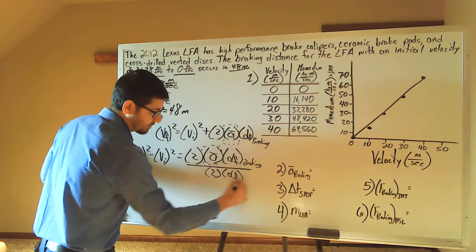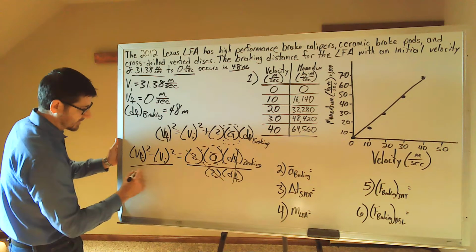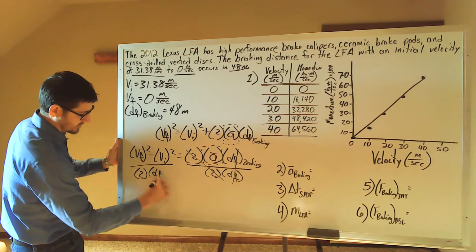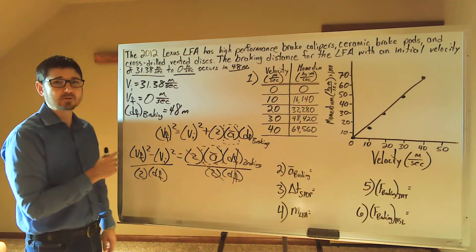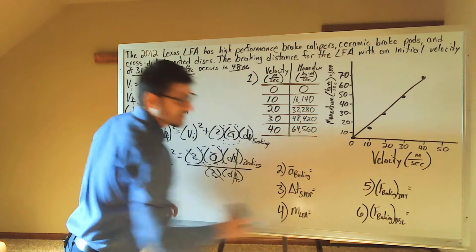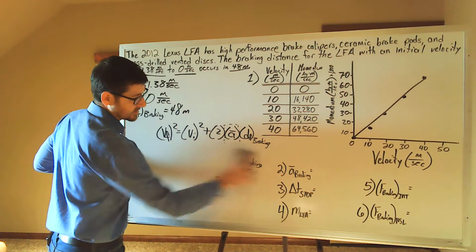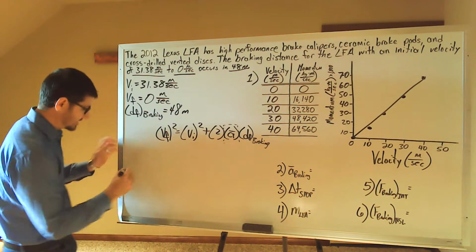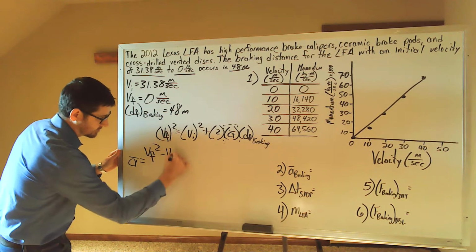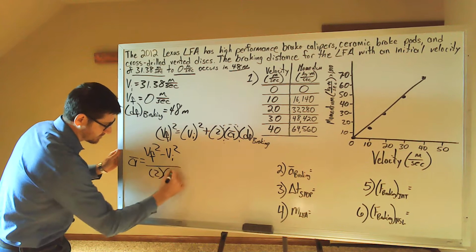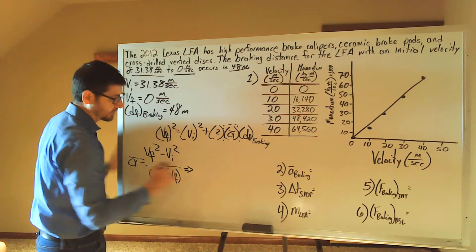On the right side, that cancels out. So our acceleration is going to equal final velocity squared minus initial velocity squared, divided by 2 times our braking distance. So what I have is this.